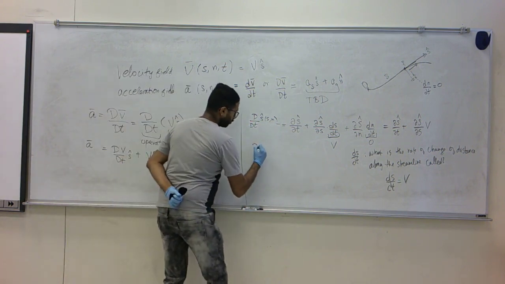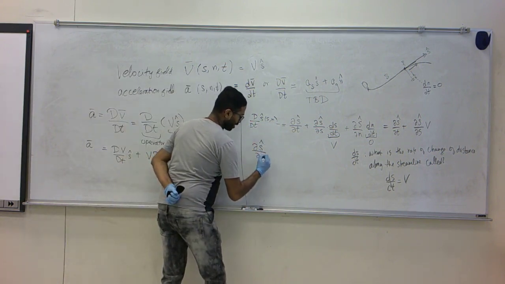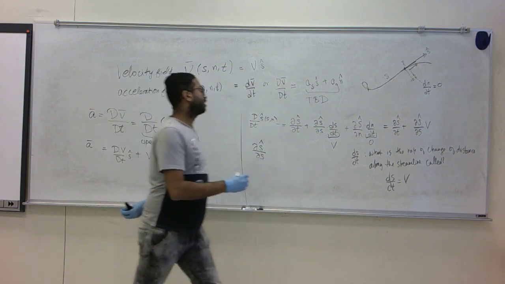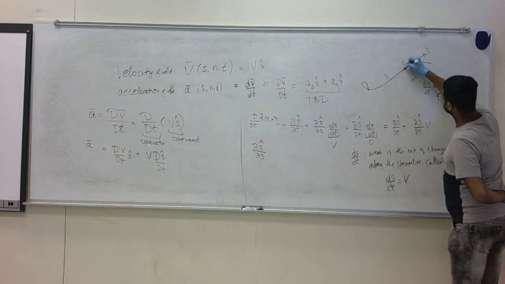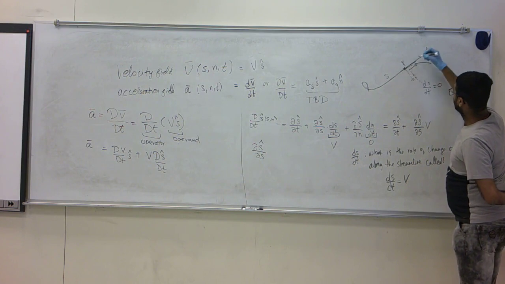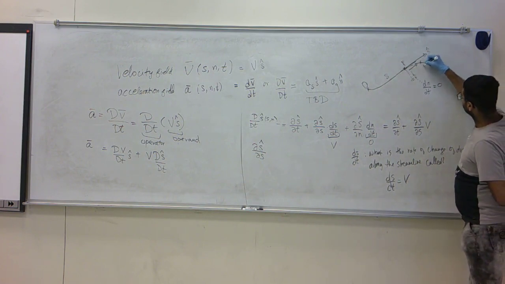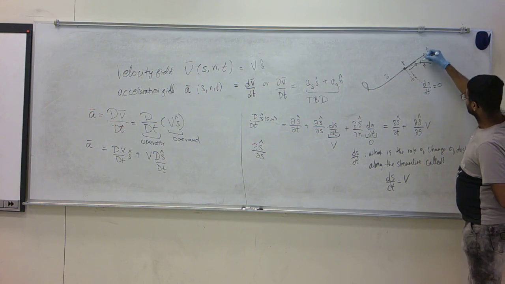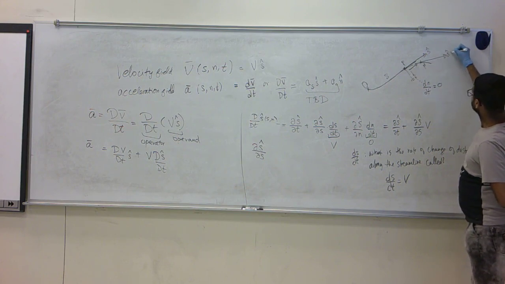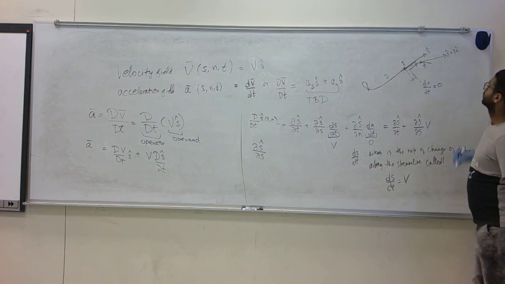So I need to think of what is partial s-cap over partial s. If I take two points here, let's say I take this point P where the vector is s-cap, and then I take an adjacent point P dash where this is s-cap at s plus delta s.